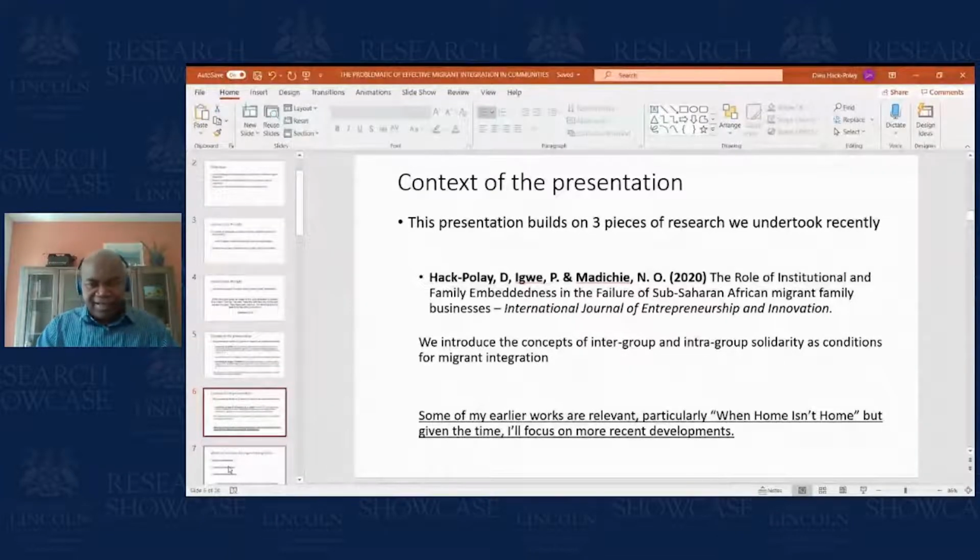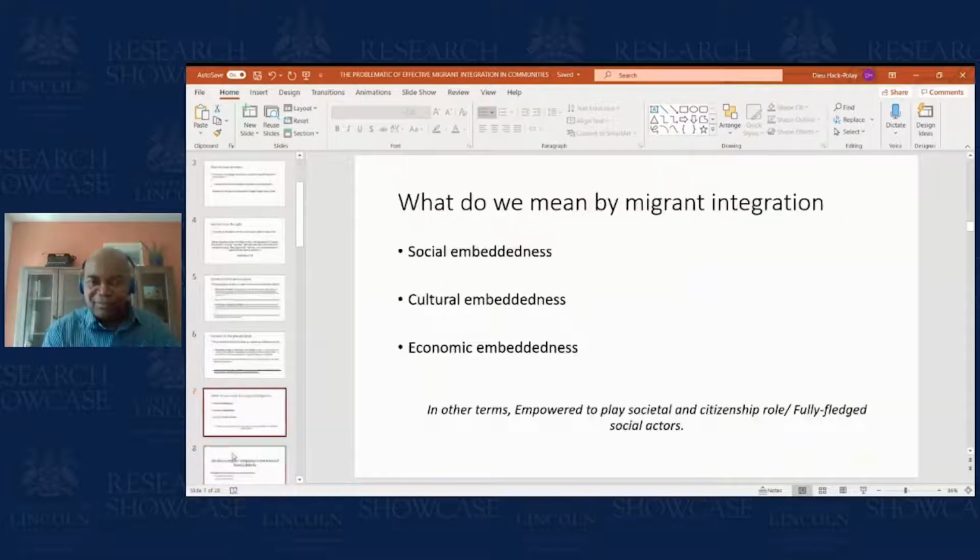As you will see, some of my earlier work will also be drawn upon, particularly a very well-cited article I wrote a few years back entitled "When Home Isn't Home." So that will take us into some of the other issues that hinder migrant integration.